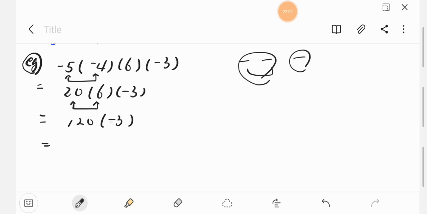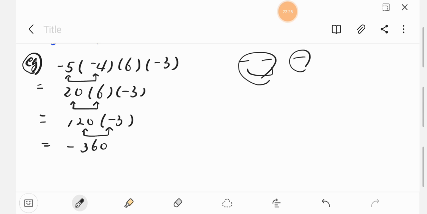And then from this one, different signs. The result is negative. 120 times 3 is 360. So the answer is negative 360.